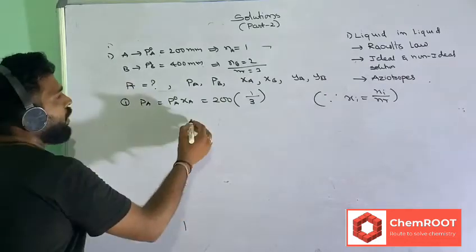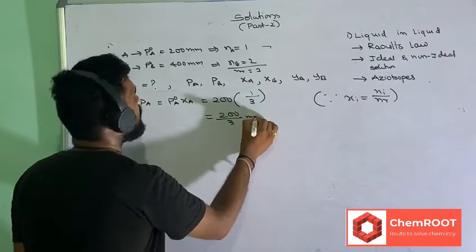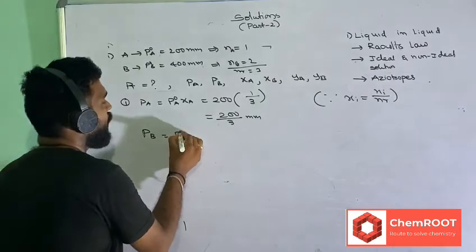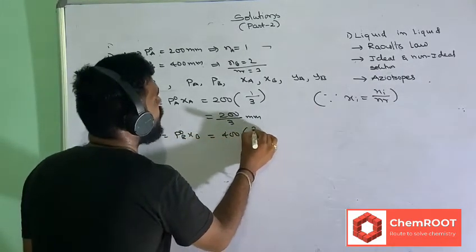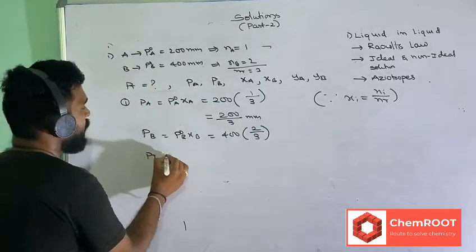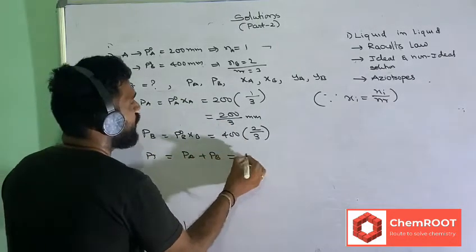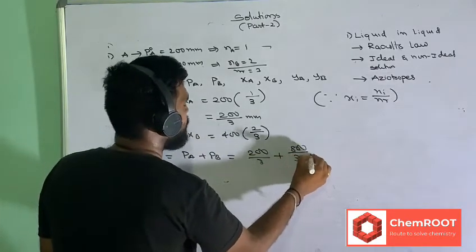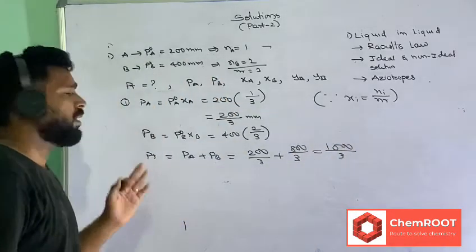So 200 by 3 gives the PA of solution. Same way PB: P naught B chi B, that is 400 into 2 by 3. So P total, how can we find? Combine these, PA plus PB for an ideal solution. So 200 by 3 plus 800 by 3, which is 1000 by 3. So we get the P total.